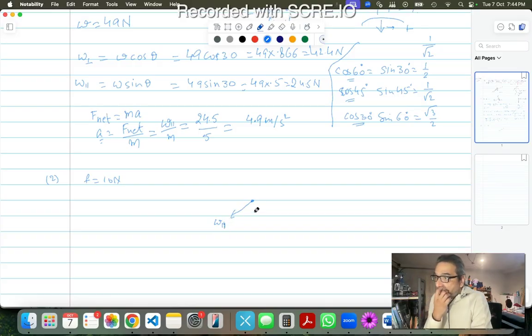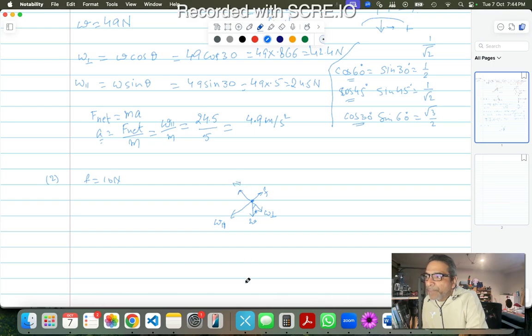And there will be an opposite friction force which is pulling it back, right? And there we have a weight component. Then we have a component which is perpendicular to it.